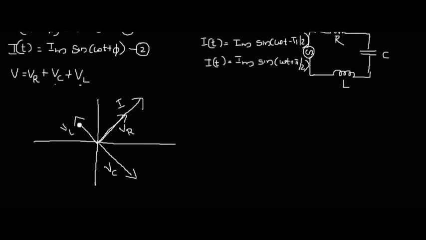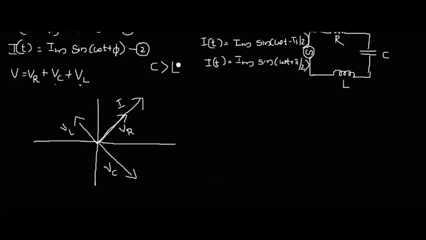So here you can see the magnitude of the voltage phasor across the inductor is less, because here I am assuming that the value of capacitance that I am taking to connect in the circuit is greater than the value of inductance. That's why the voltage phasor across the inductor is less than the voltage phasor across the capacitor. And this is to make the problem simple, we are assuming in this manner.